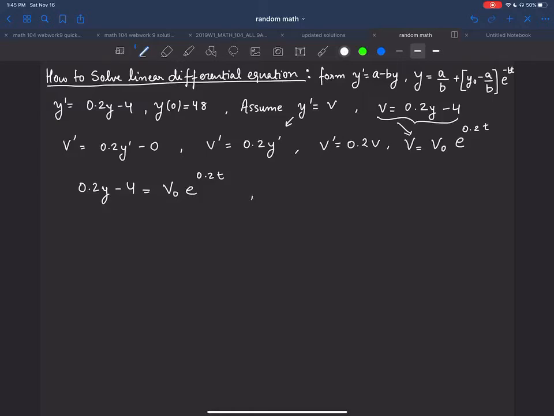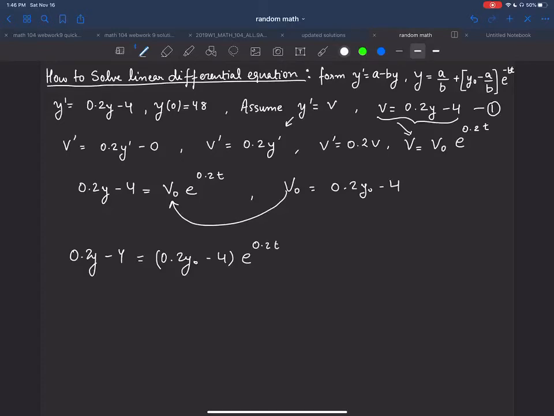The v naught value is just whatever the initial value y naught gives you in this equation, so 0.2 y naught minus 4, because it's the same equation. Okay, so these are the two values. When you plug them in, you get 0.2y minus 4 equals 0.2 y initial value minus 4, times e to the power 0.2t.